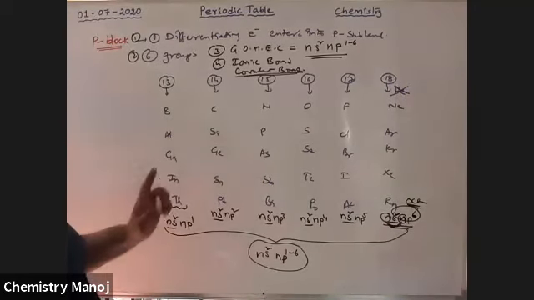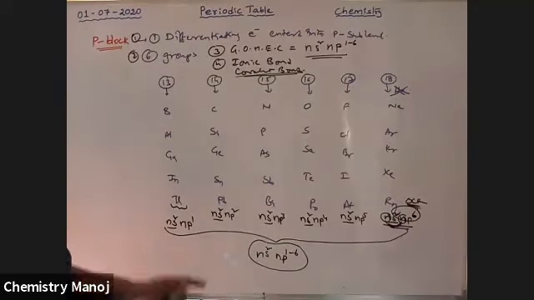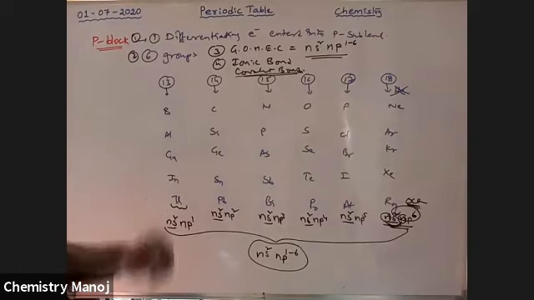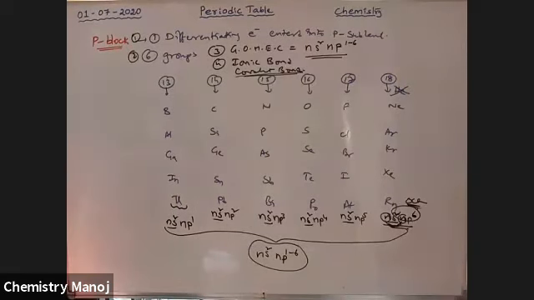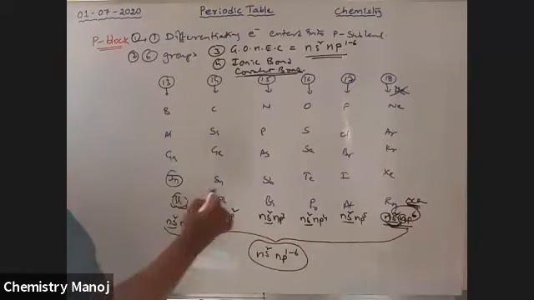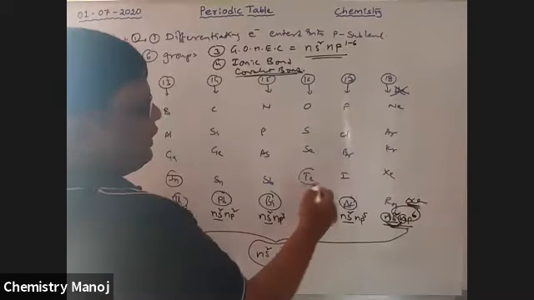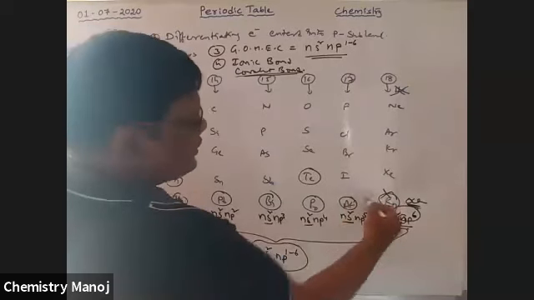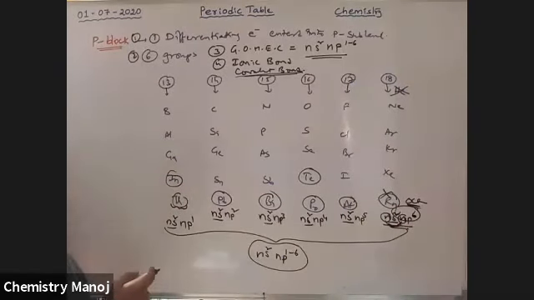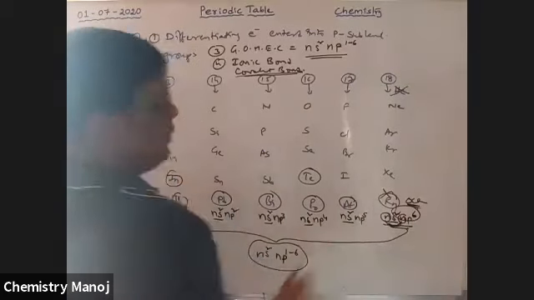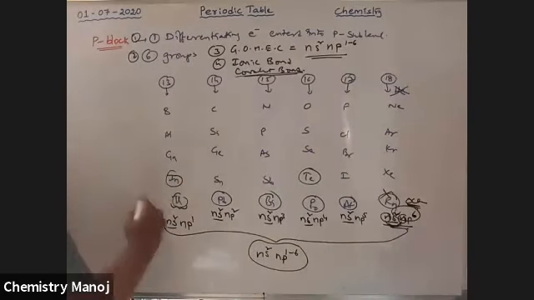Next, in S block elements only metals exist, and those are active metals. But in P block elements, the metals are indium, thallium, lead, bismuth, polonium. These are all metals, and the remaining are mostly non-metals.